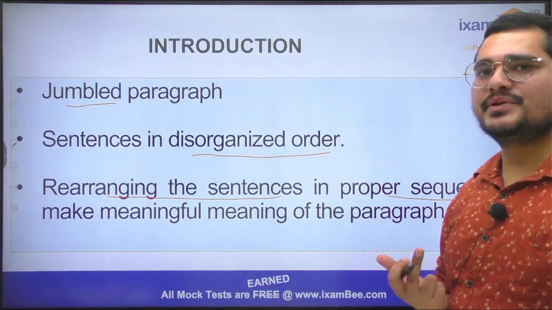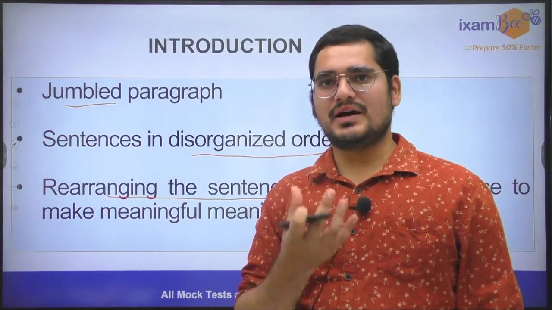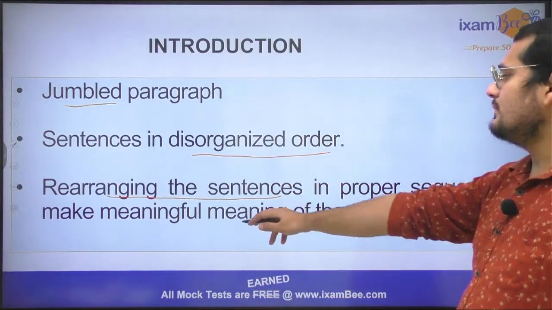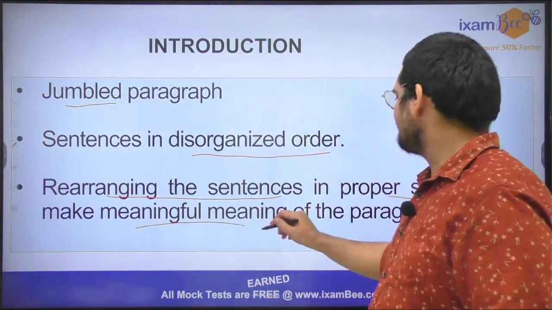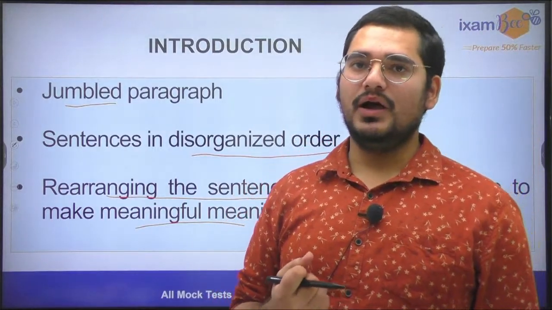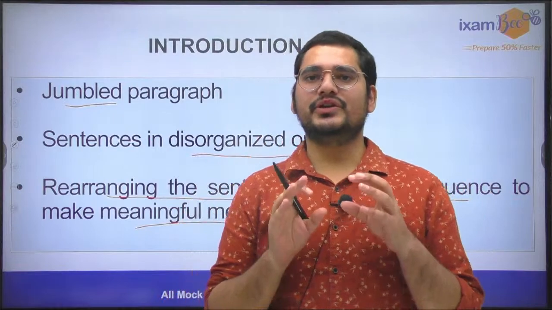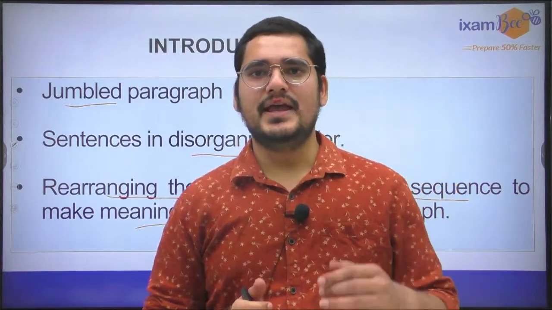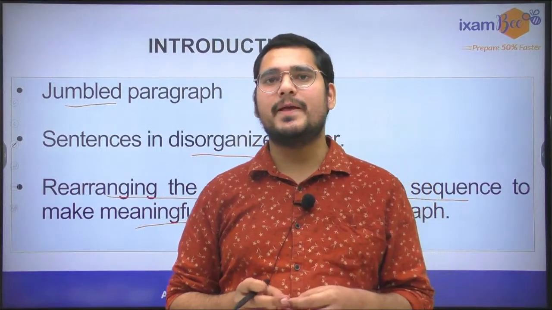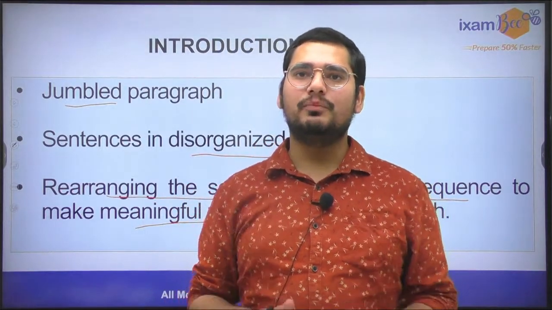And what is the purpose of this? Why do you need to make a correct sequence? To make the paragraph meaningful, right? So you need to rearrange those sentences in a correct pattern so that after reading those sentences, you can make a meaningful paragraph.